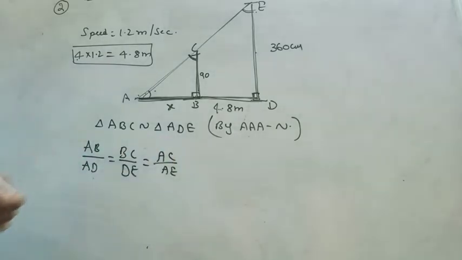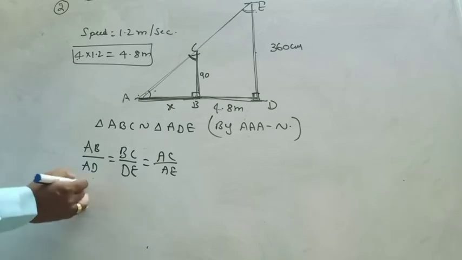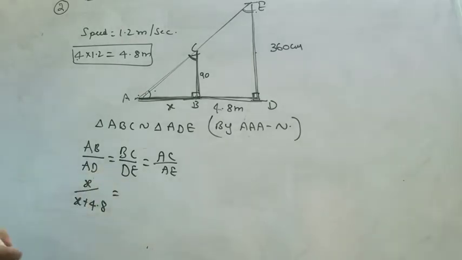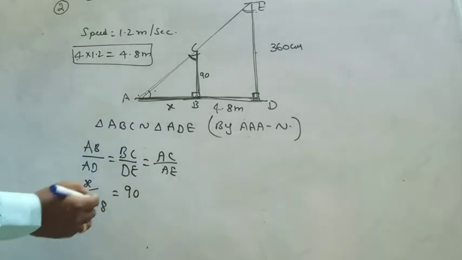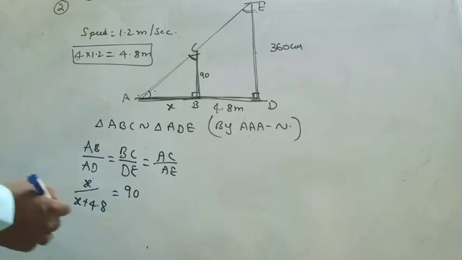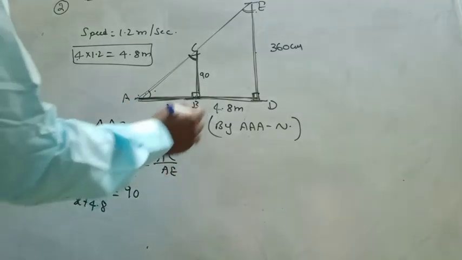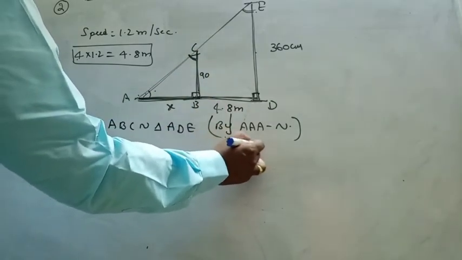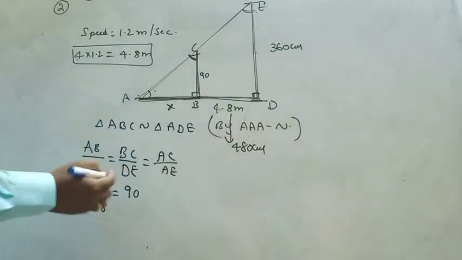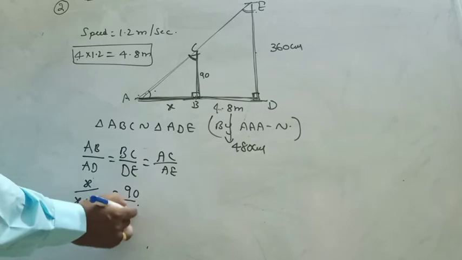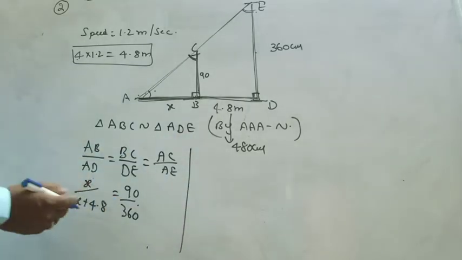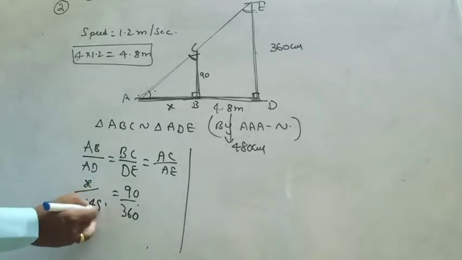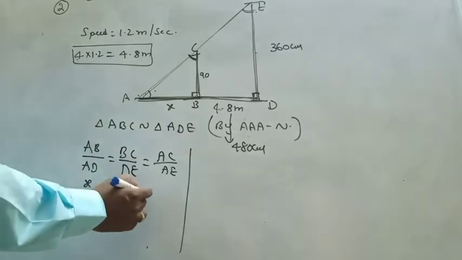Now AB is x, so x by x plus 4.8 is equal to BC by DE. Here 4.8 meters, we convert everything into centimeters, so 4.8 becomes 480 centimeters. 90 by 360 we are having here. So converting 4.8 into centimeters, this is 480 centimeters. This is equal to AC by AE.